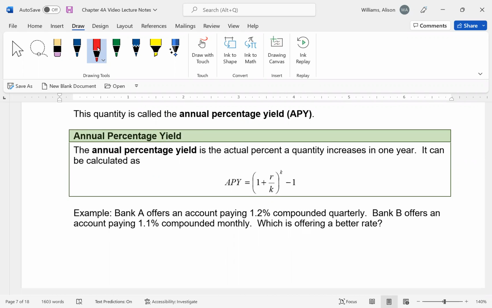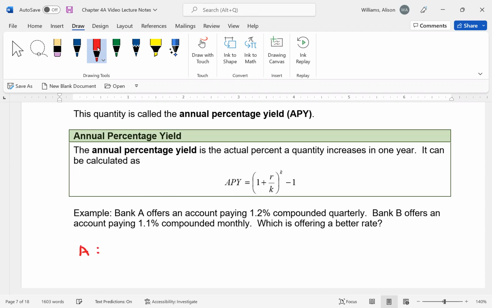Since one's quarterly and one's monthly, we know the monthly is more frequent, but it is a lower interest rate. And so we wonder which one ends up being the bigger payout. If we calculate the APY, the annual percent yield, that will tell us who's really going to end up paying out more in the end. So let's do this for both banks.